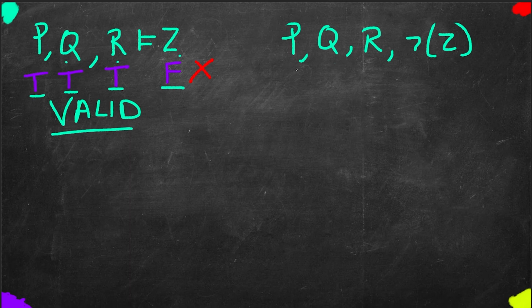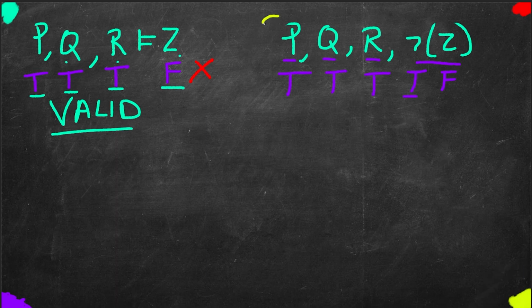So the question becomes, can we assign each one of these formulas a value of true? Well, what would we need? We would need P to be true. We would need Q to be true. We would need R to be true. And then we would also need not Z to be true, which is that Z is false. So if Z is false, that was the only scenario in which not Z would be true.